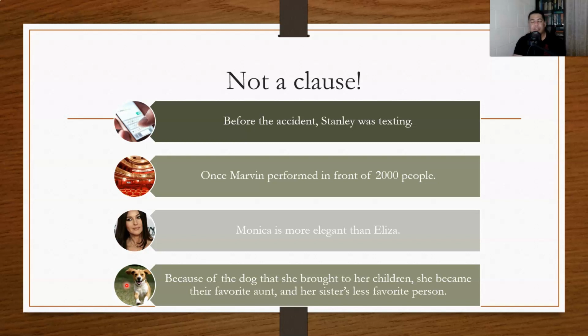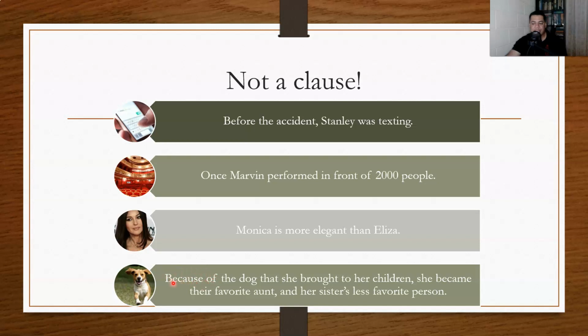Because of the dog that she brought to her children, she became their favorite aunt and her sister's least favorite person. Now, we have a clause. We do have a clause, but it's not an adverb clause of cause, because this is a phrase that never allows the introduction of a clause after it.